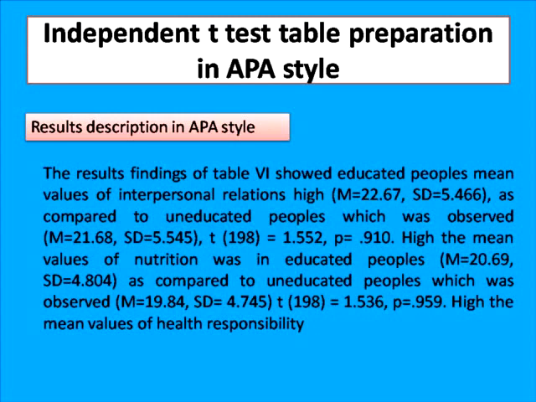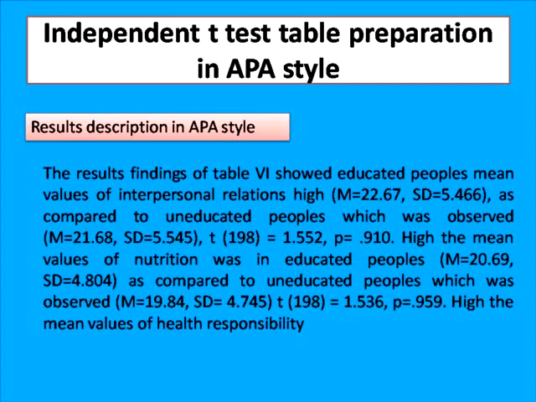The research hypothesis will be proven. We use the independent t-test to compare and find differences in two sample group means. If there is a difference in two sample group means, P will be less than 0.05 and we will write the hypothesis: there is a significant difference in interpersonal relationship among educated population in terms of gender.